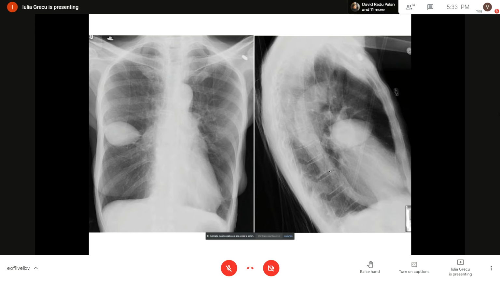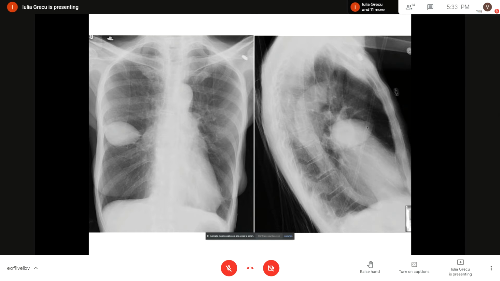Okay, it is basically on the horizontal fissure, because this opacity here that looks like a lentiform shape, and even better seen here on the lateral view of the chest X-ray, is projecting on the course of the horizontal fissure.